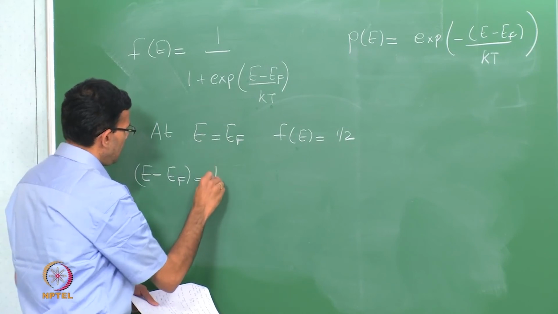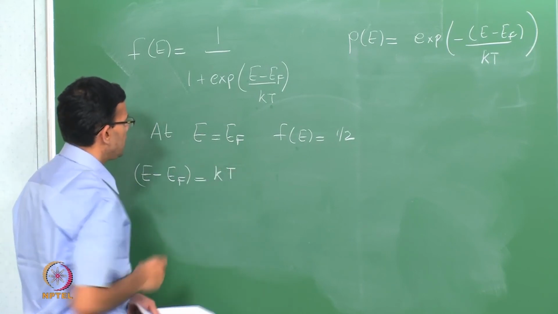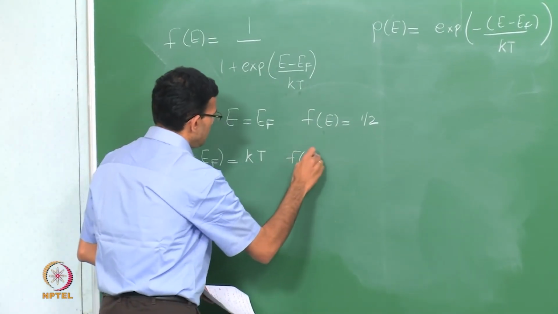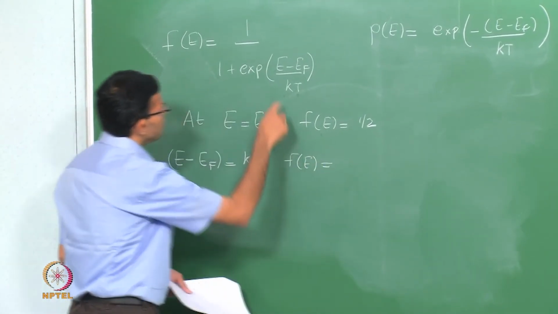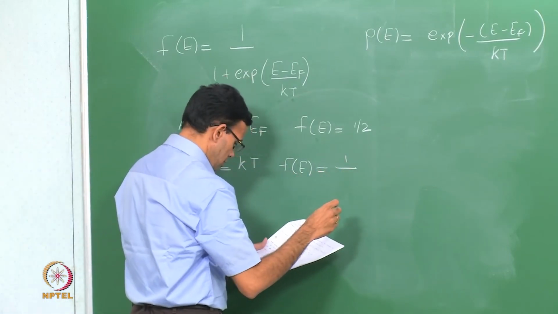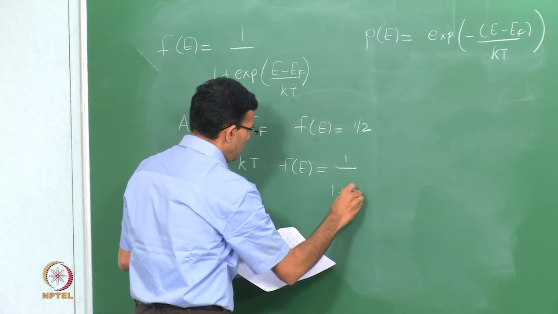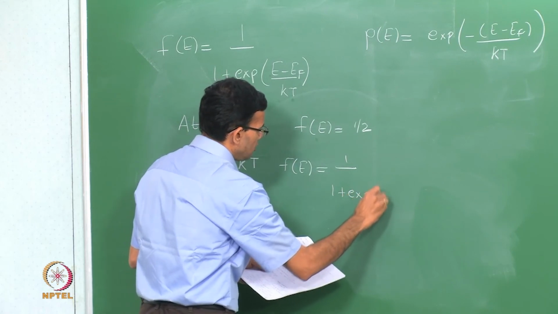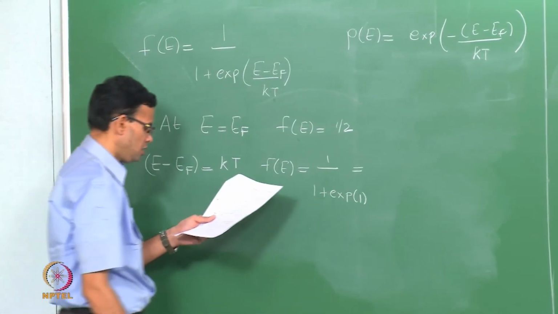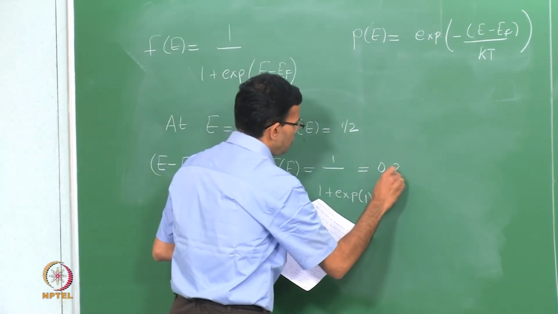So, E minus EF is nothing but kT. In this case, f of E, you can substitute kT there, 1 over 1 plus exponential of 1. If you do the calculations, that is 0.26.